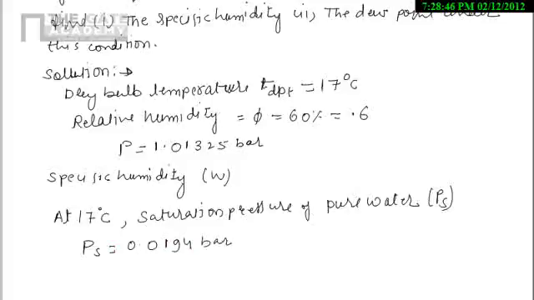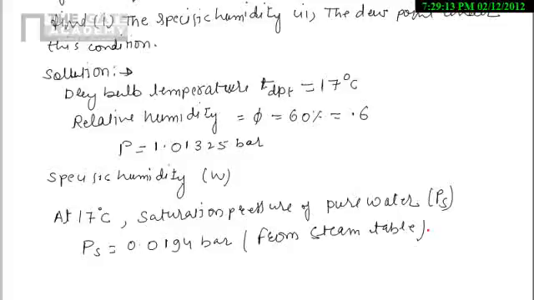We can get this from the steam table. But from GATE point of view, they will directly give the data or they will provide the table itself in the problem.